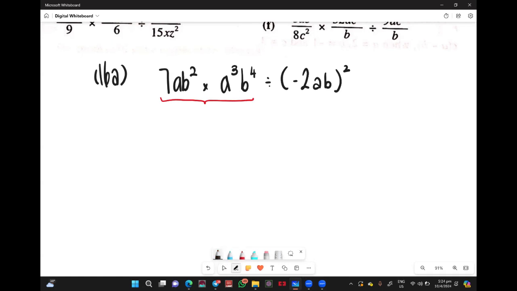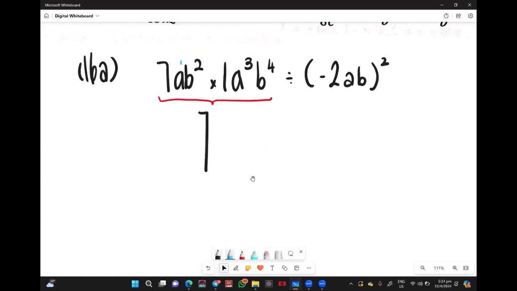My powers will add. What happens when I divide? My powers will subtract. So 7 times, there's a 1 over here, so 7 times 1, I still get 7. True? Note that this is a to the power of 1.